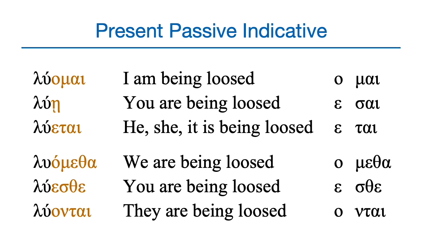Here are the forms: luomai, lue, luetai, luometha, lueste, luontai. Again, second person singular. You know what happens there. Connecting vowel is epsilon, sigma drops, alpha and epsilon combine to form eta and then iota subscripts.